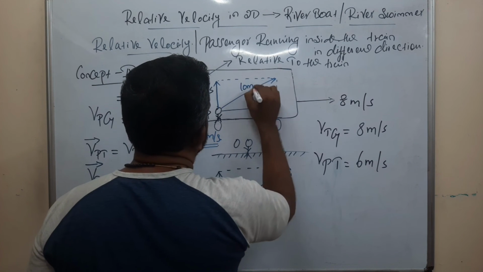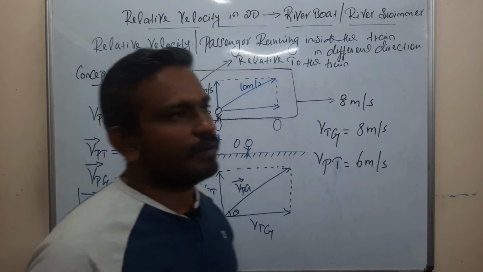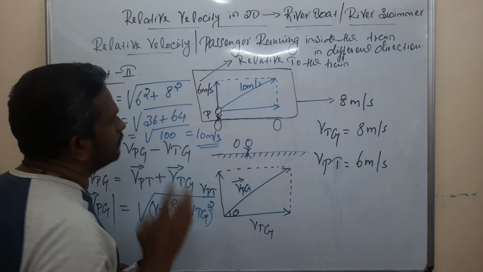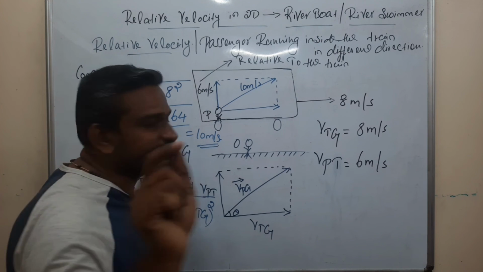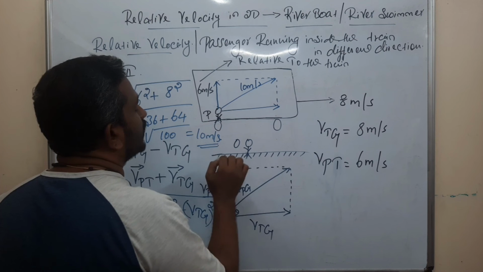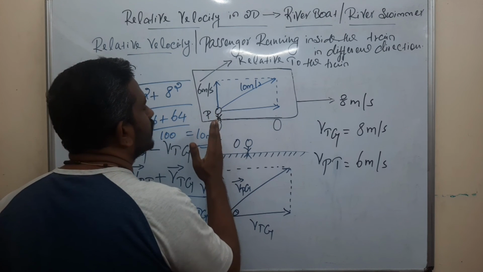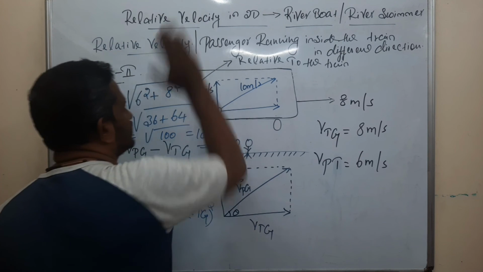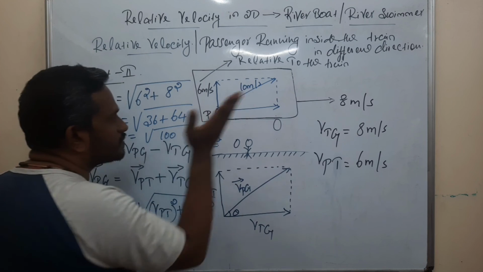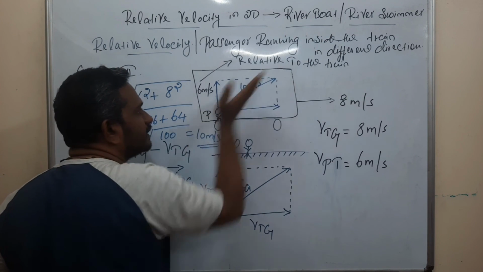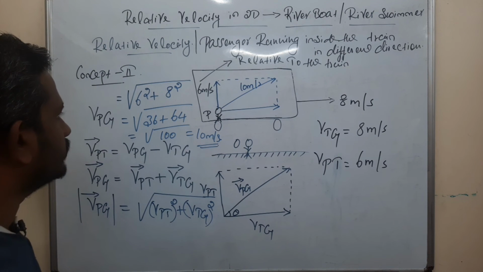The observer on the platform feels that the passenger is moving in this direction, running with a speed of 10 meter per second.